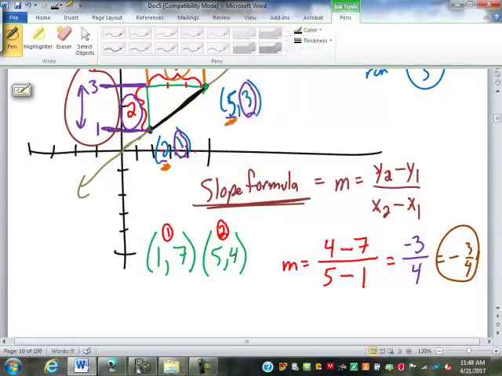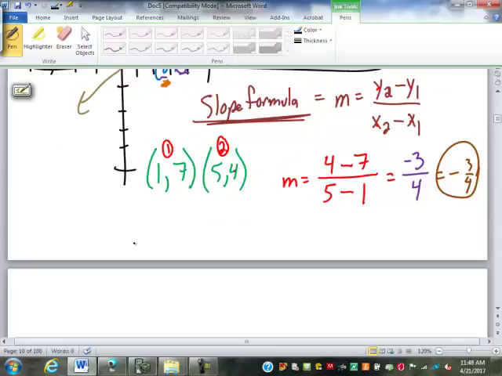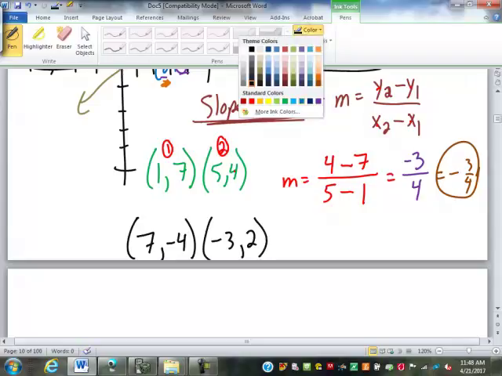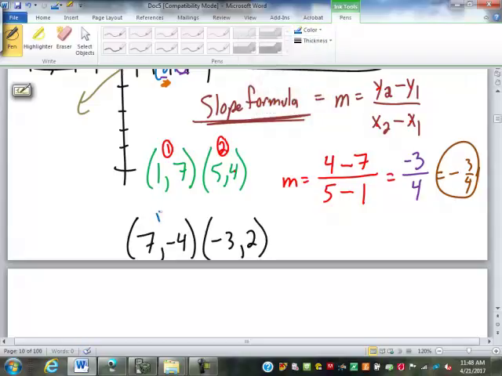This becomes way more confusing if there are negative coordinates involved. So we might have (7, -4) and (-3, 2). So once again, I'm going to label my points point 1 and point 2.